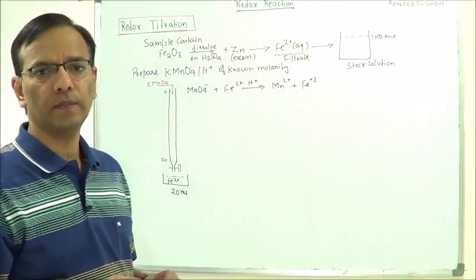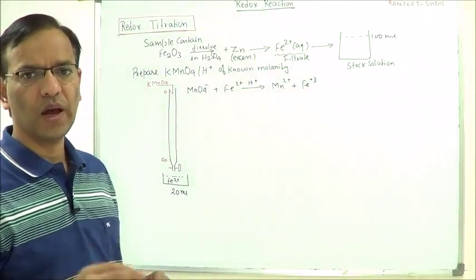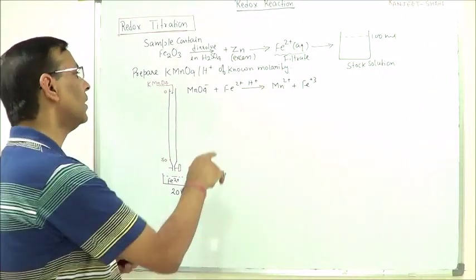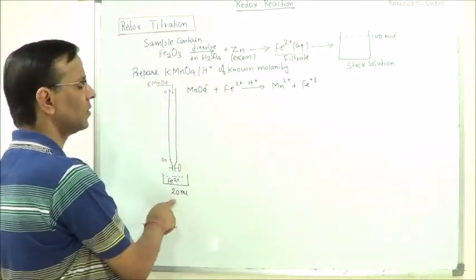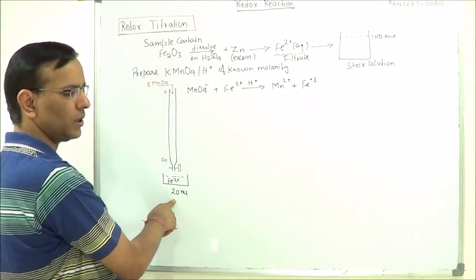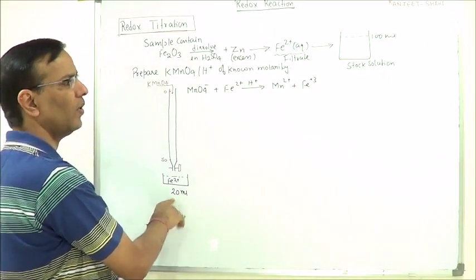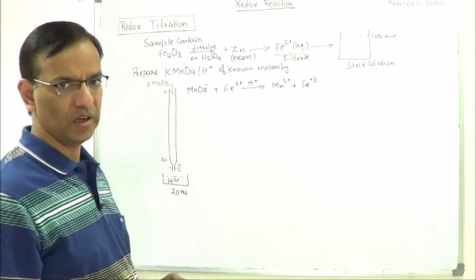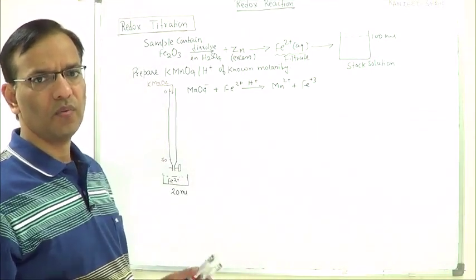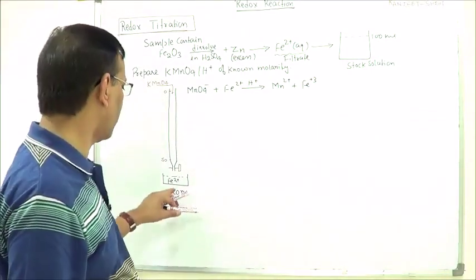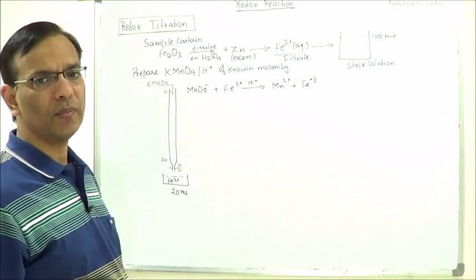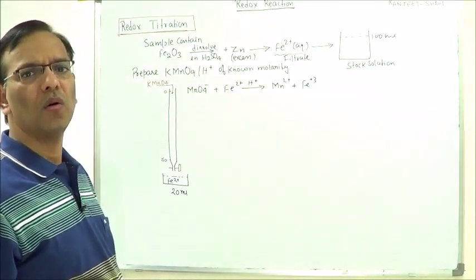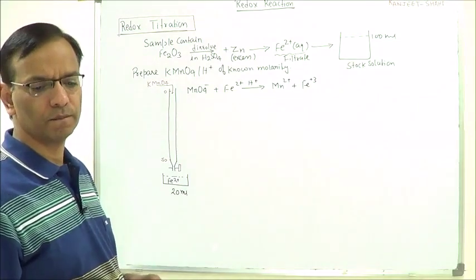A time will come at which the ferrous ion in the solution here will get exhausted. At some time, the ferrous ion in this 20 ml sample will get exhausted.